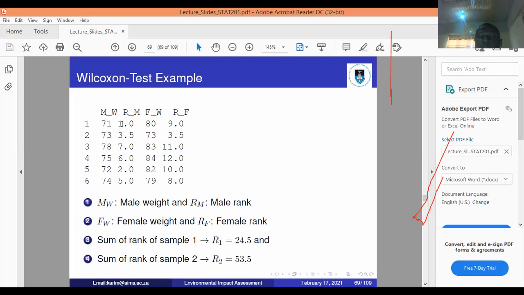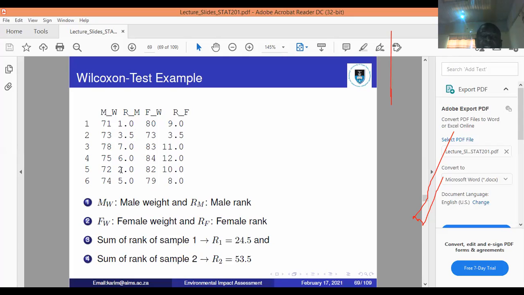So 71 will take rank 1, isn't it? Yes, that is coming from the males. What is the next value? 72. 72 is coming from the males again. So this will take rank 2 for the males.